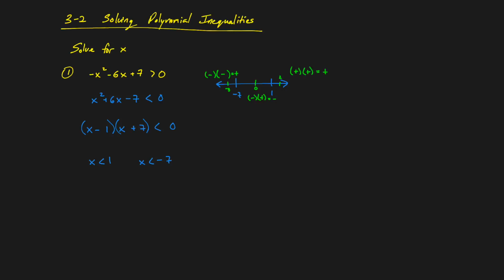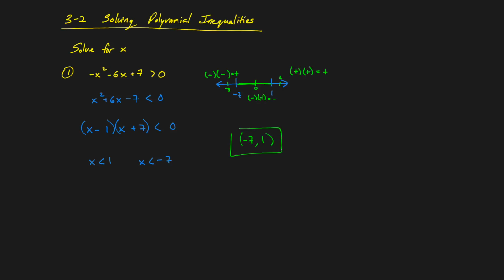And so the only region that really exists for us is this region here: negative 7 to 1. Remember that we have an exclusive region here because it does not include negative 7 or 1, because it is less than. So let me box that answer, and that is your result for question 1.